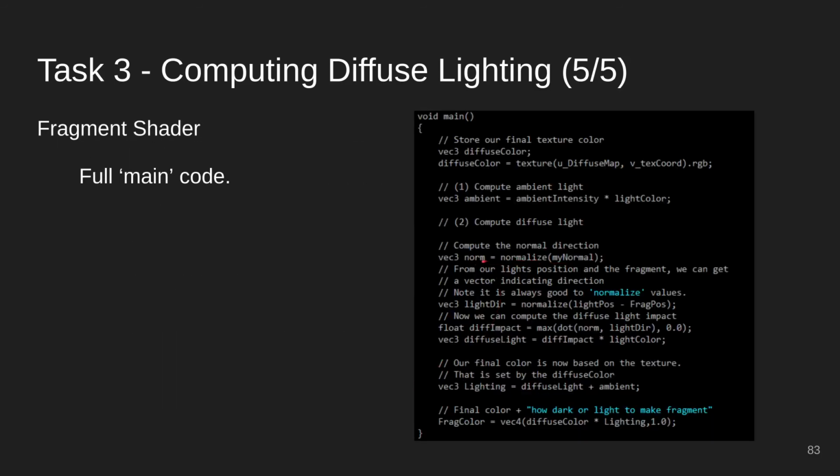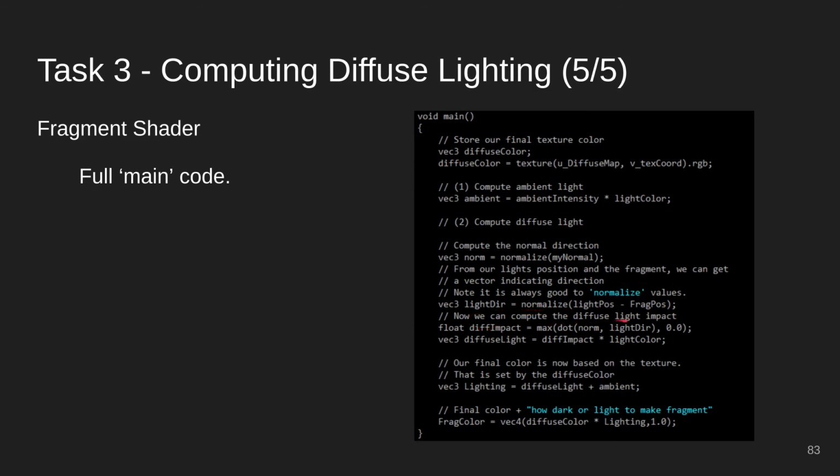You have a normal, and you're normalizing your normals just to make sure they're within a valid range. Computing the light direction by subtracting the fragment position from the light position, and then normalizing that value. Normalize is a built-in GLSL function, so that's where that comes from.